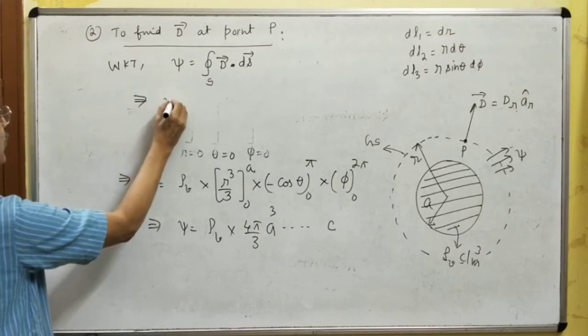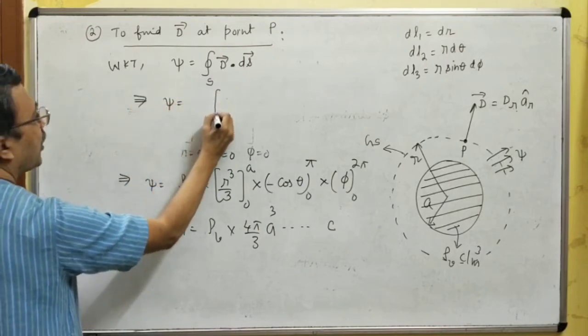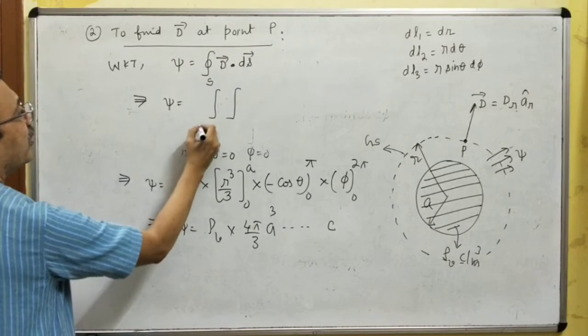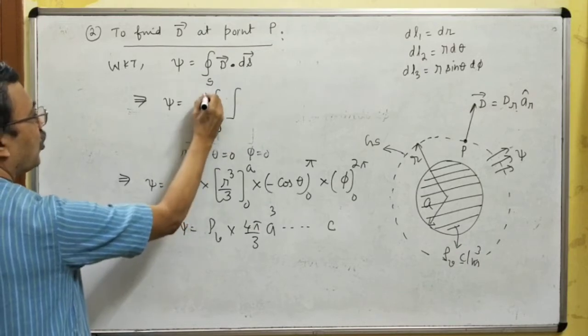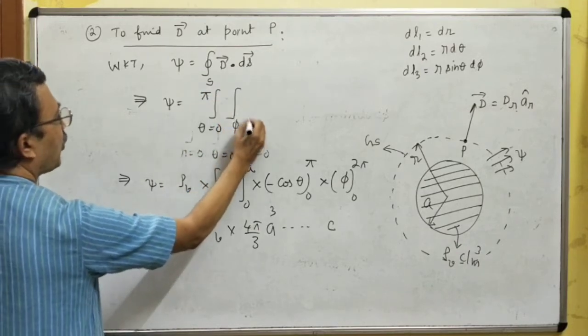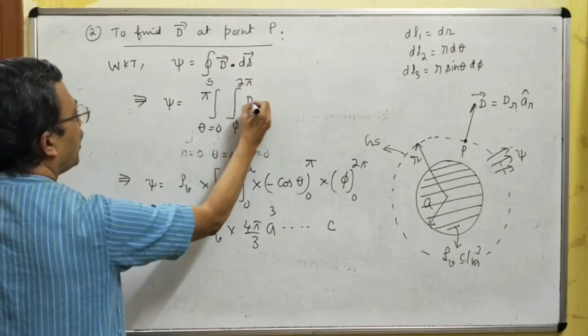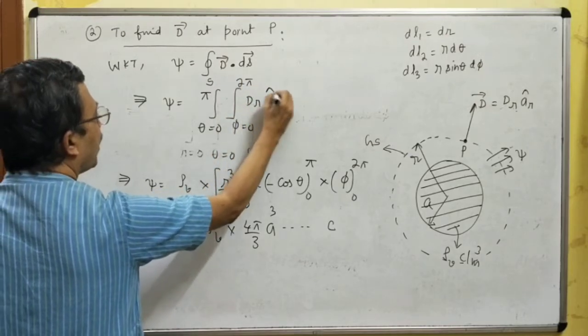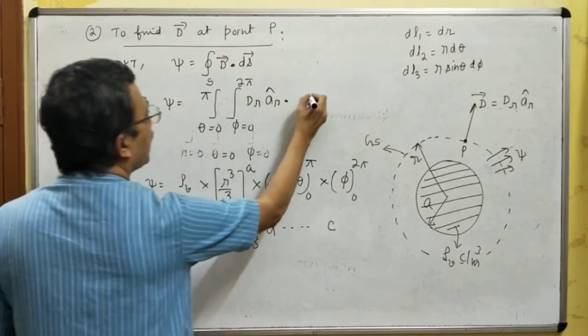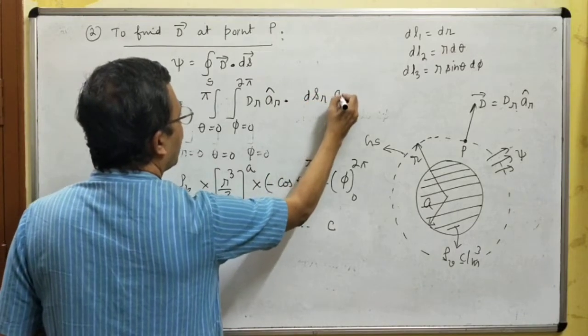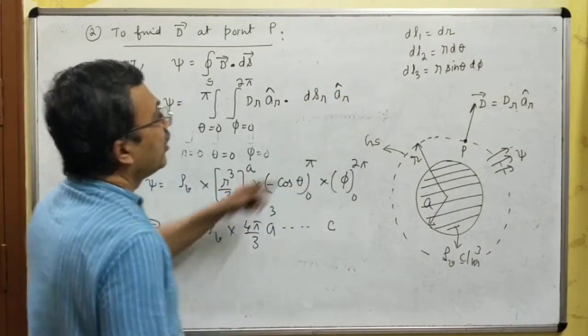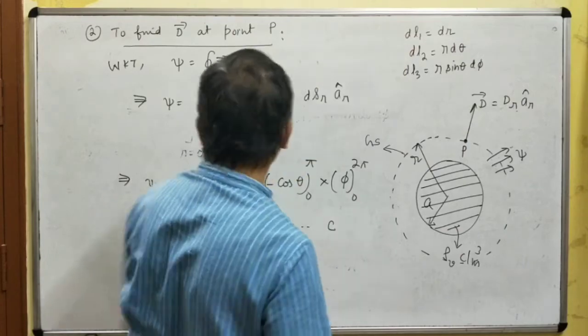This implies psi is equal to surface integral, the double integral, theta varies from 0 to pi, phi varies from 0 to 2 pi. What is vector D? Dr into ar cap. What is vector dS? dSr into ar cap. What is dSr? dl2 into dl3.